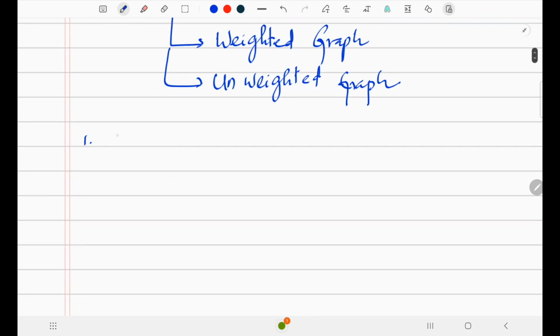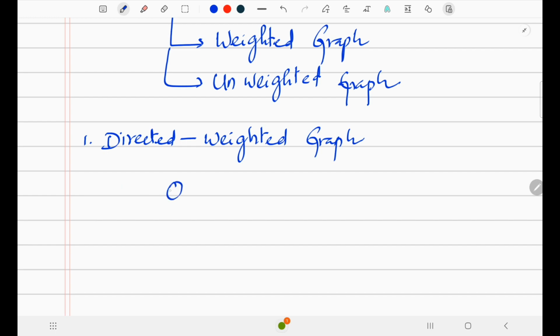Now let me give an example of each type of graph, starting with the directed weighted graph. Here I draw a sample graph with the nodes A, B and C. Directed graph means the edges are marked with a direction.